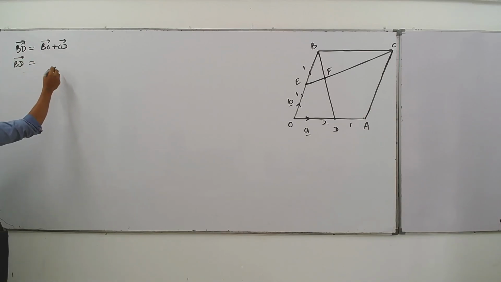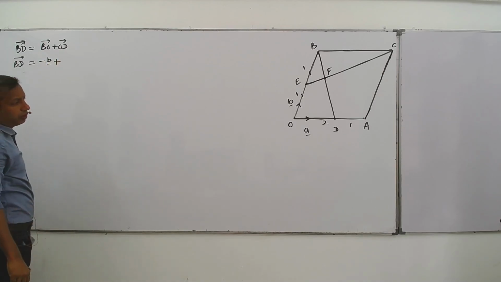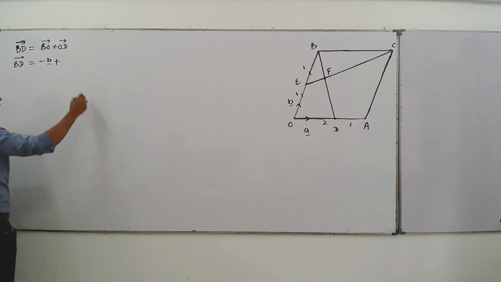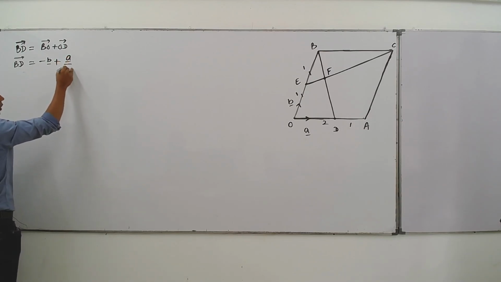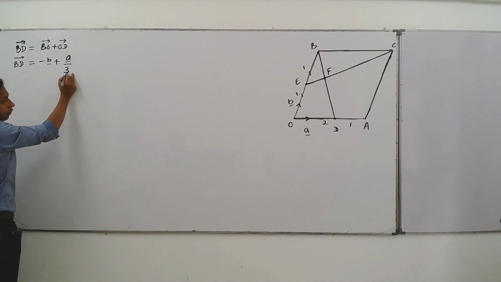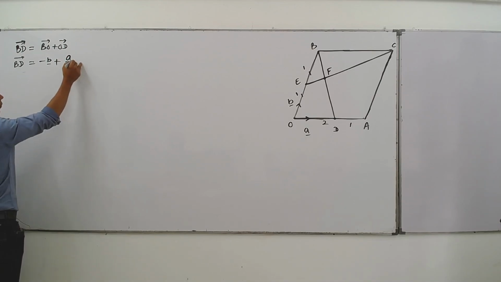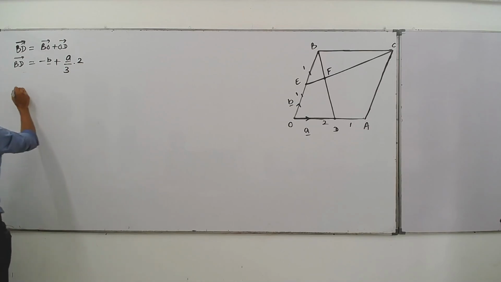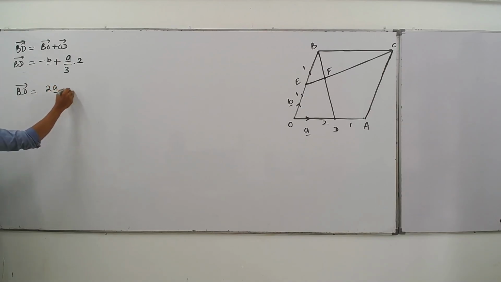OB vector is B, therefore BO vector is minus B. OD vector we can write as a part of simple A vector: we divide by 3 and multiply by 2. Then we get BD vector, right? 2A minus 3B by 3.